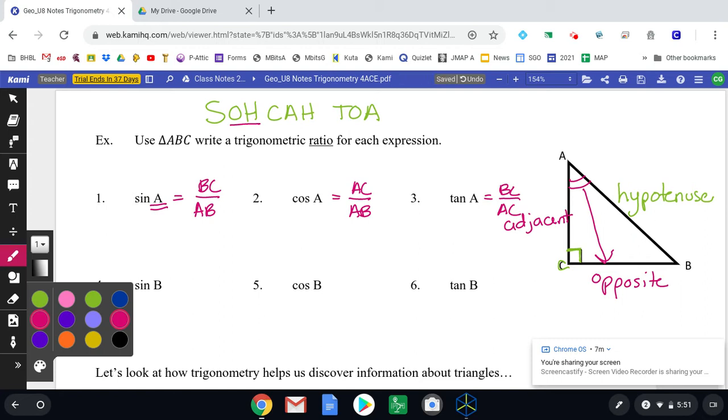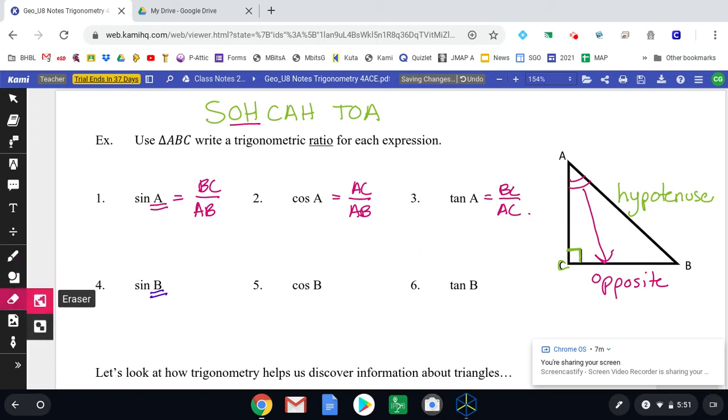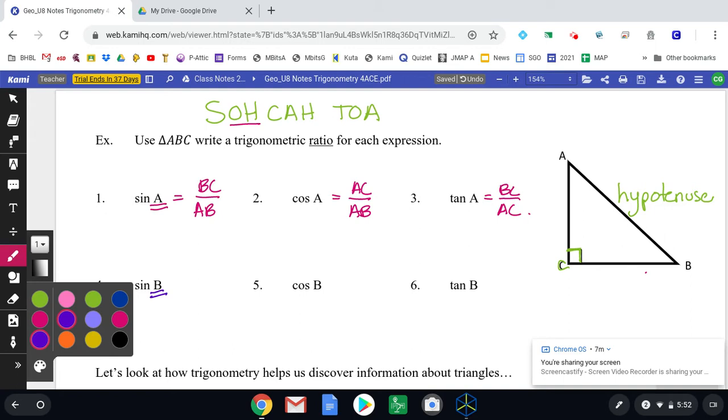Now, if I am going to talk about angle B, I want to go back and change this now. Because if I'm not talking about A anymore, right now I want to talk about B. Now B is my reference angle. Now this side is my opposite, and this side is my adjacent.